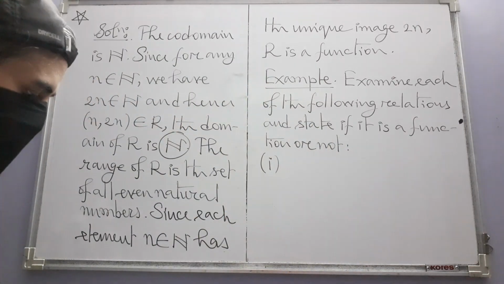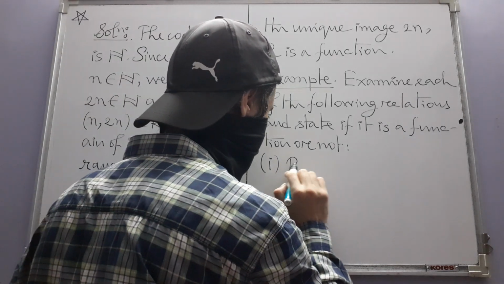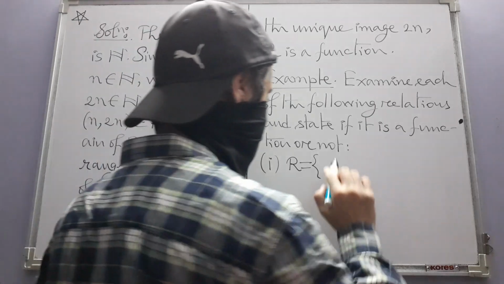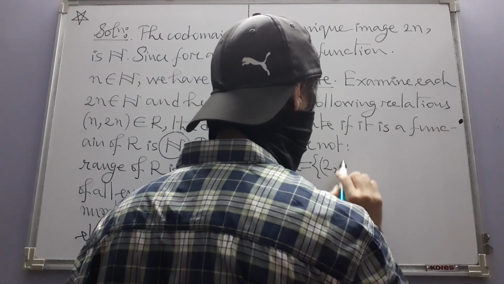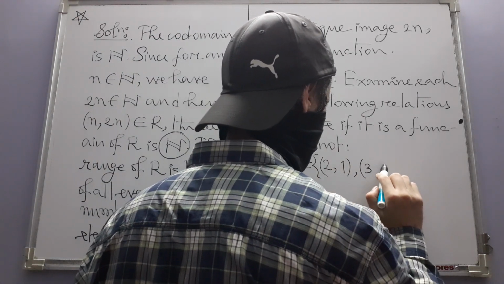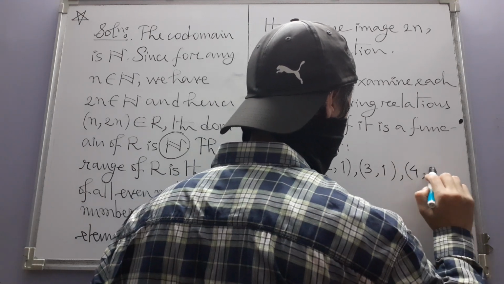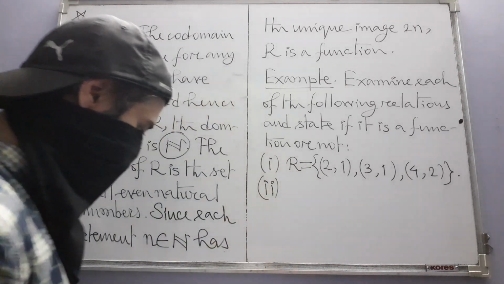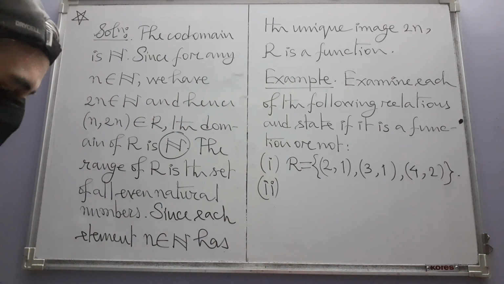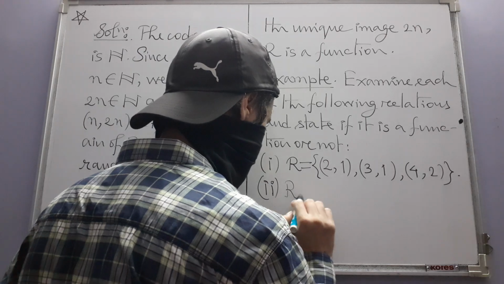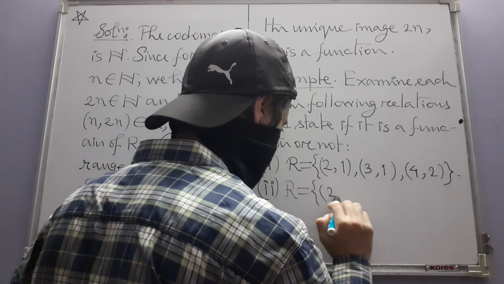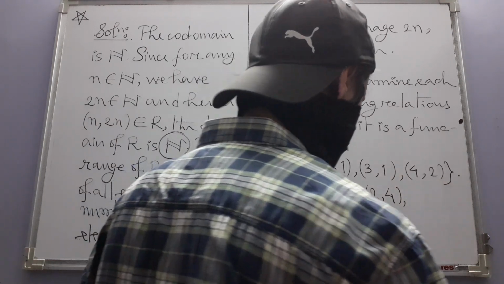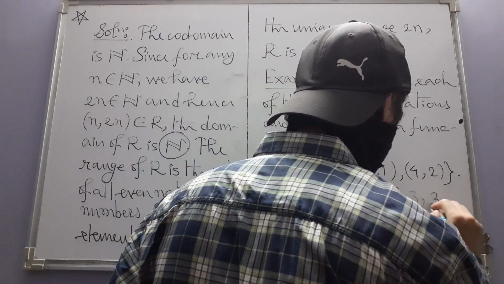The first relation, all of them have been given the name R, but they are all different. (2, 1), (3, 1), (4, 2). Number 2: (2, 2), (2, 4), (3, 3), (3, 3), (4, 4).